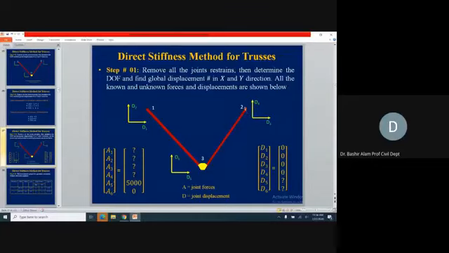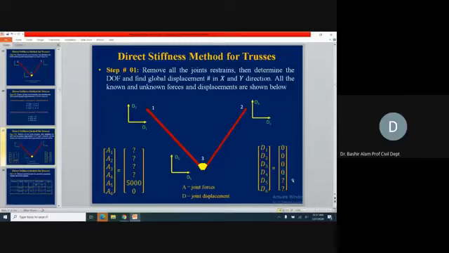Similarly here, again it was a hinge support, so D3 was 0, D4 was 0. Joint 3 was free, so D5 and D6 we don't know; these are our unknowns, so here we put the question marks. D5 and D6 become our unknowns.